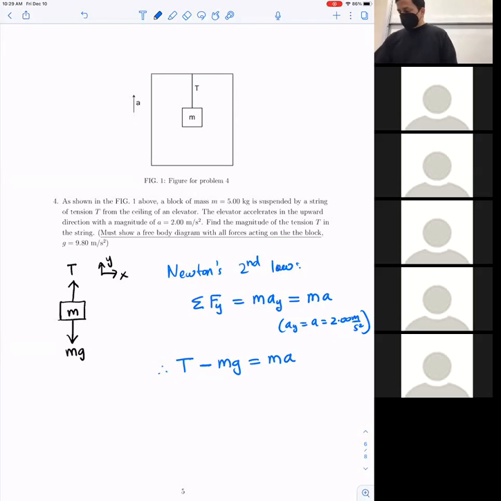This acceleration a is plus 2 meters per second squared, pointing in the positive y direction. That's why a_y here is equal to plus a. And the thing we want to solve for is the tension. So the tension is mg plus ma.